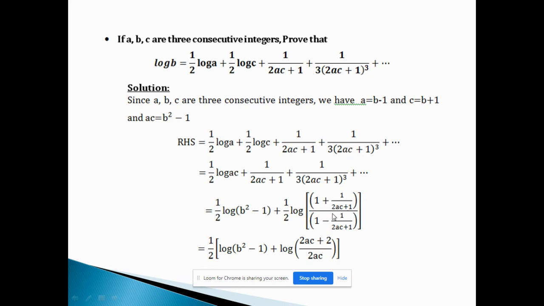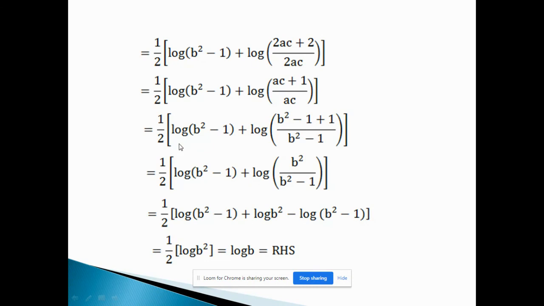Now simplify. Take LCM and simplify. We get here log b square minus 1 on this side, log of 2ac plus 2. Now 2 is common, we can take it outside. So again replace ac. What is ac? ac is b square minus 1. Substitute that value. Again simplify. Finally we get b square by b square minus 1.